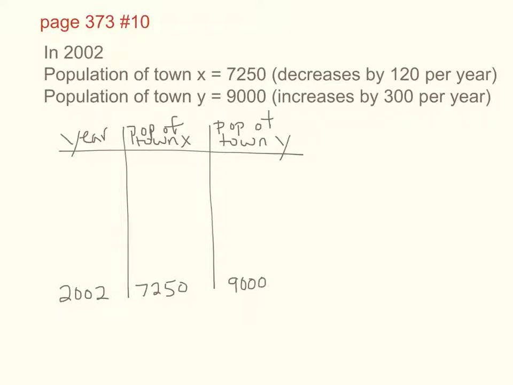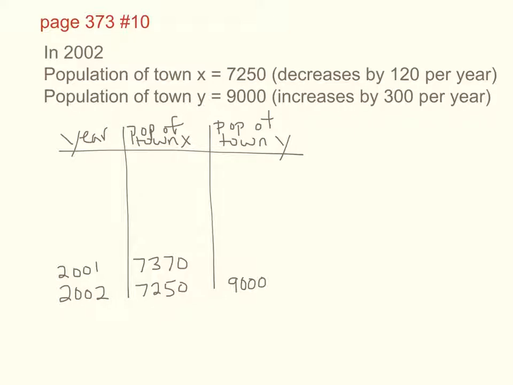So if town X is going down 120 per year, that means in the previous year they must have had 120 more people than in year 2002. So that would be 7,370. You can get that by adding 120 to 7,250.